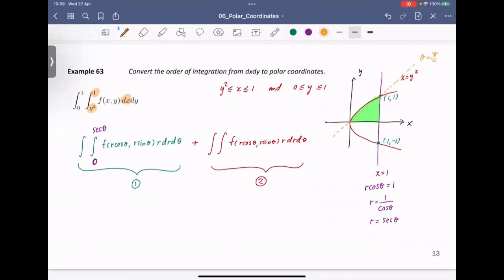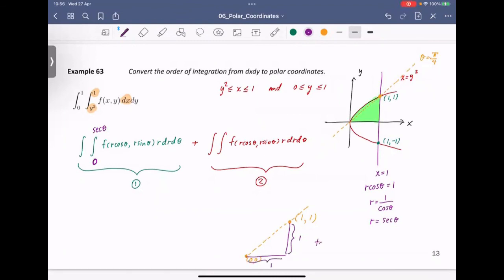For those of you who cannot follow, let me say it again. Look at the picture. It passes through (1, 1), and the pole is (0, 0). You are trying to get the angle here, because you know this is your y, which is 1, and this is your x, which is 1.